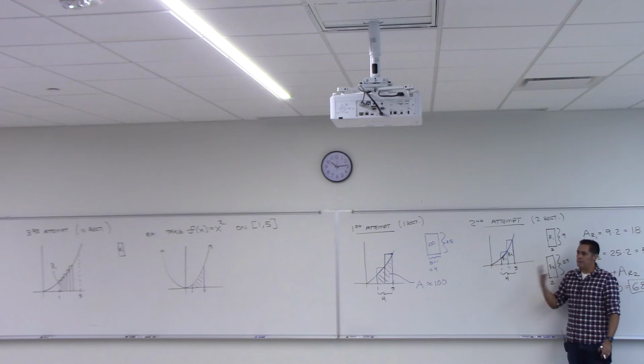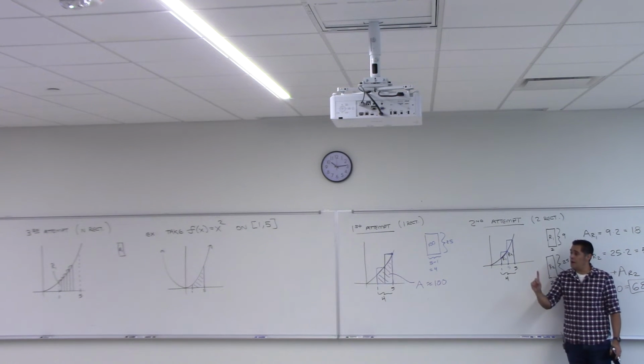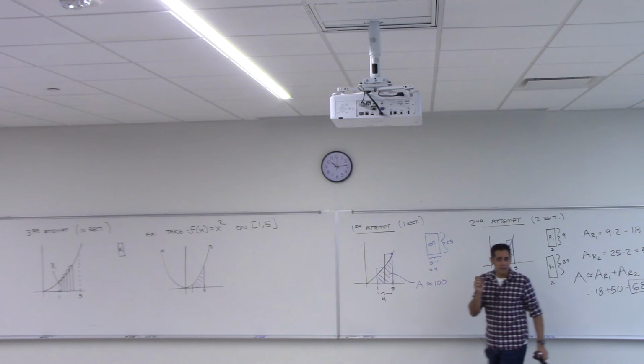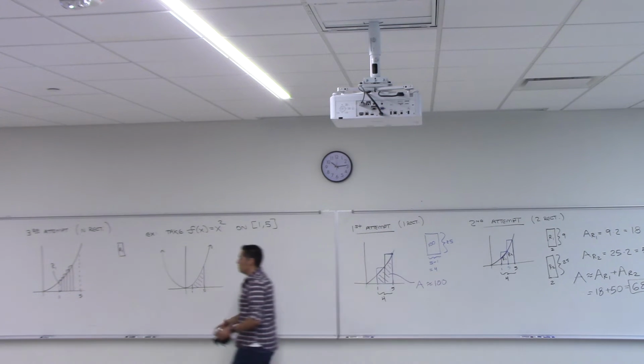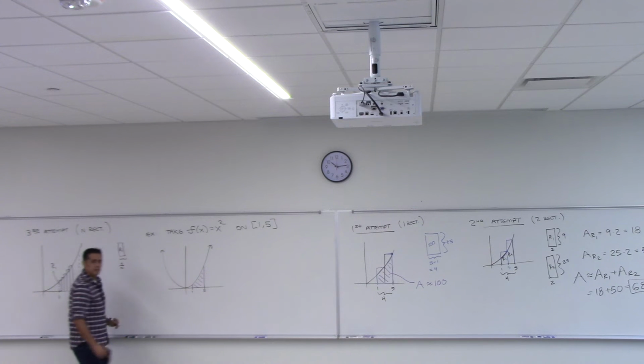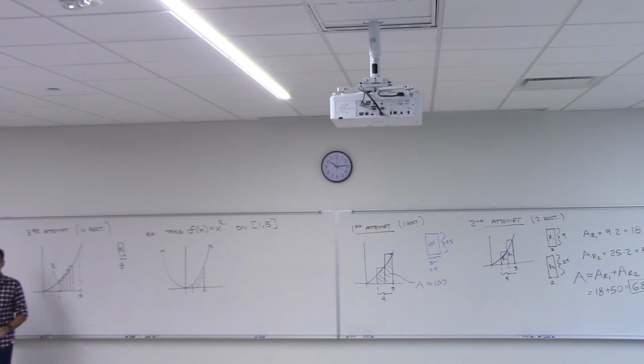If we had 4 rectangles, then 4 divided by 4 would be 1. It'd each be 1 wide. So if we have n rectangles, each one would be 4 over n. The width of this would be 4 over n. Questions? It's the distance from here to here divided by how many rectangles you have.